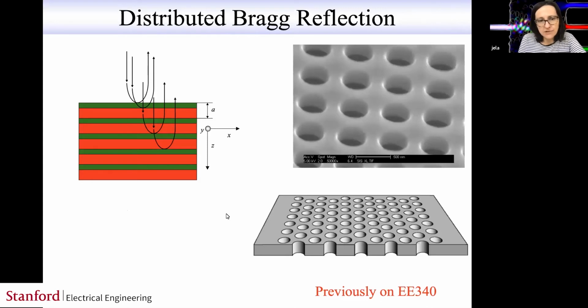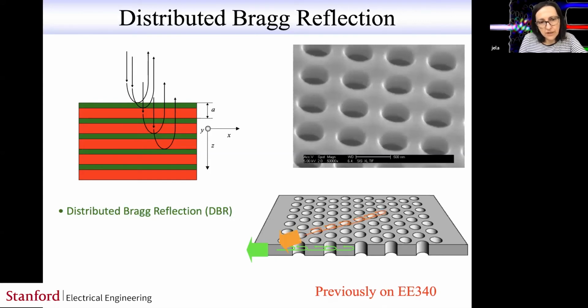So photonic crystals are structures with periodic dielectric constant. They confine light by distributed Bragg reflection. We went through this cartoon image of distributed Bragg reflection where all the partial reflections from the structure add up in phase, and that leads to larger reflectivity in the direction of propagation. And you can also achieve that in structures that are more than one-dimensional, more than just regular distributed Bragg reflectors shown here.